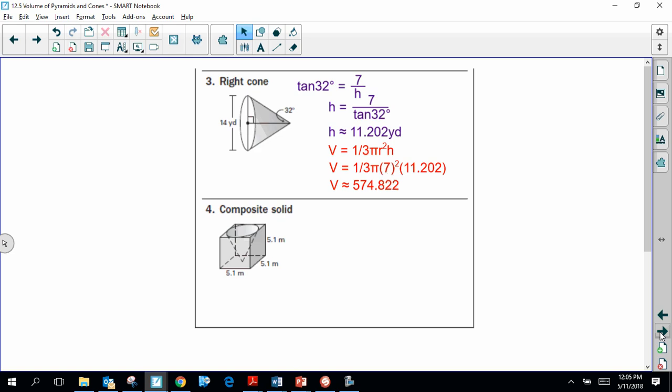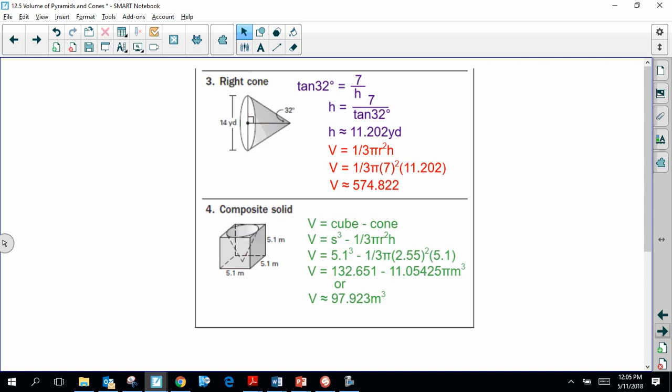So the last one here, the volume of the composite solid: we have a cube that is having a cone removed from it. So the cube minus the cone is what we're going to start off with. The volume of a cube is side cubed, and the volume of the cone is 1/3 pi r squared times the height. Substitute their respective values.